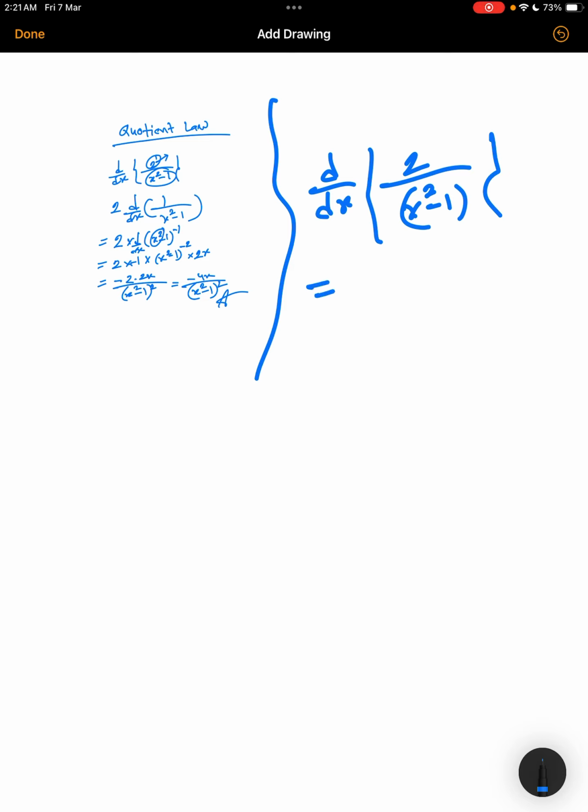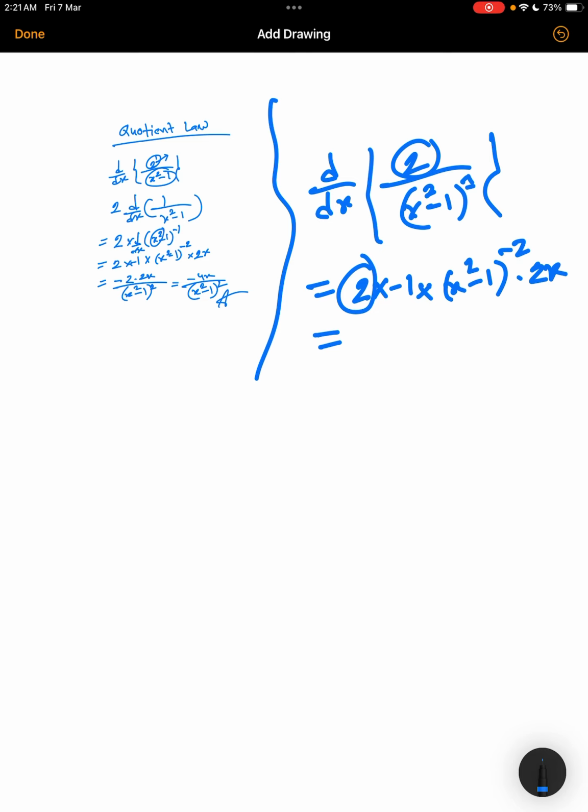Now see, first things first, it will become 2 times minus 1 for this power, right? After that times x square minus 1 to the power minus 2 times 2x. It's perfectly easy for anyone. First, the numerator is a constant, so I am picking it in front. After that, here is a power of 1, so if I pick it in the numerator, it will become minus 1. So minus 1 is our n.